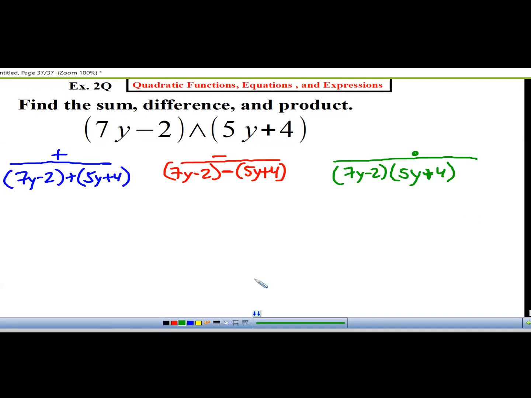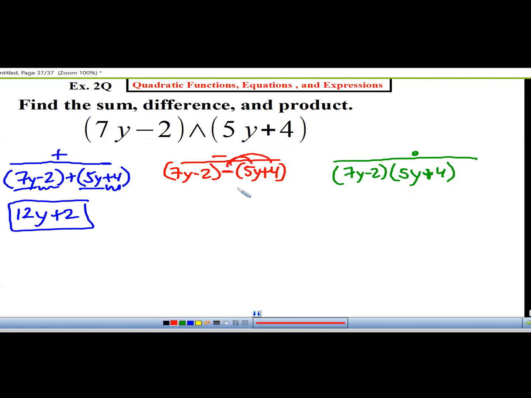All right, let's see what we got. For the sake of time, I'm gonna go over this one. We got addition, there's no coefficient outside the parentheses, so I just combine. What is 7y plus 5y? That's 12y. What is negative 2 plus 4? That's positive 2. Hands, have you got that? Okay, good. Thank you. For subtraction, what is the most important part here is to distribute the negative to the second binomial.